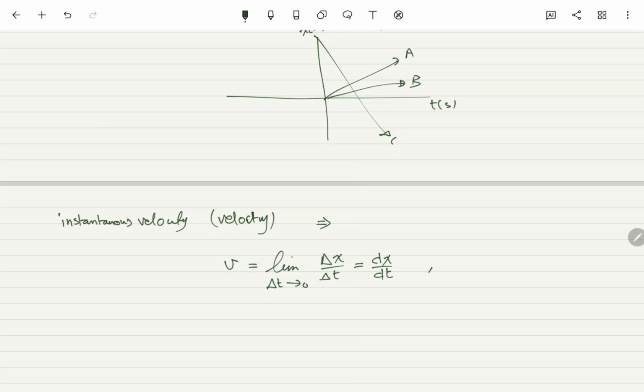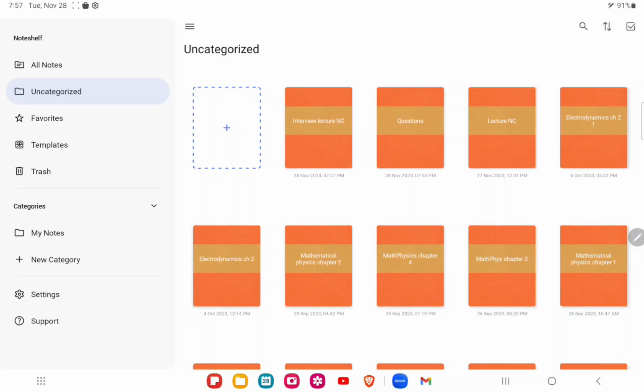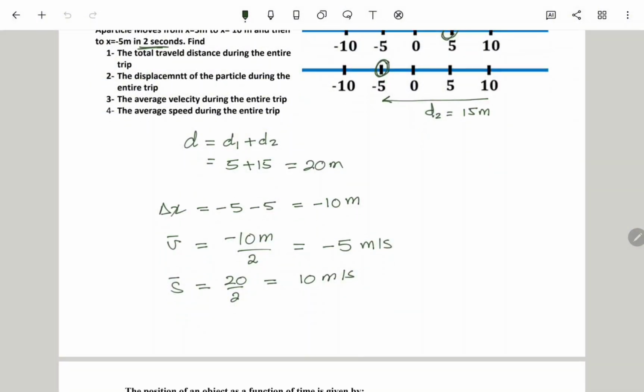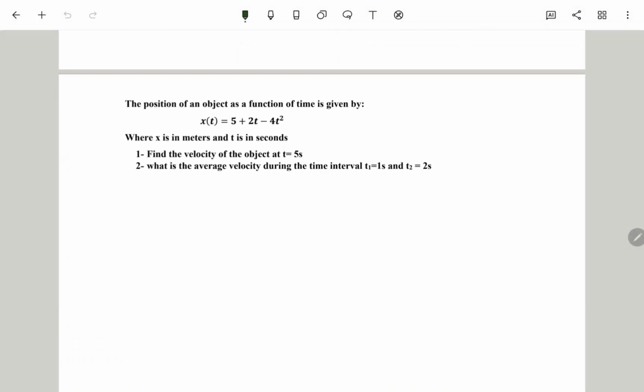Now let's have an example. The position of an object as a function of time is given by this expression, where x is in meters and t in seconds. Find the velocity of the object at t equal to 5 seconds. We would like to calculate the instantaneous velocity, so we differentiate this function with respect to time.